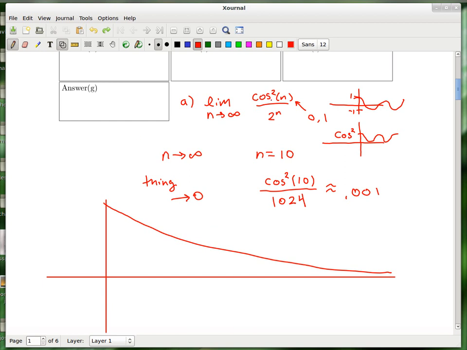It's always bounded above by 1 over 2 to the n, and it's always bounded below by 0, since the numerator can be 0. I know that's a silly sequence, but it's just the sequence 0, 0, 0, 0, 0 bounding it below, and you've got 1 over 2 to the n bounding it on top.